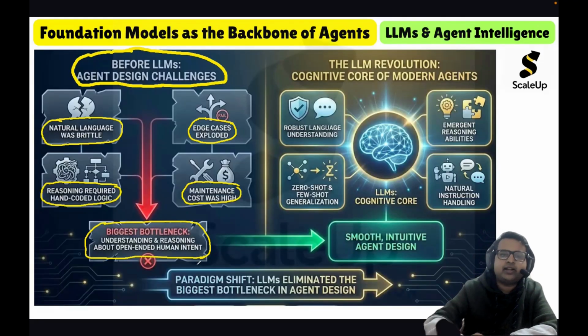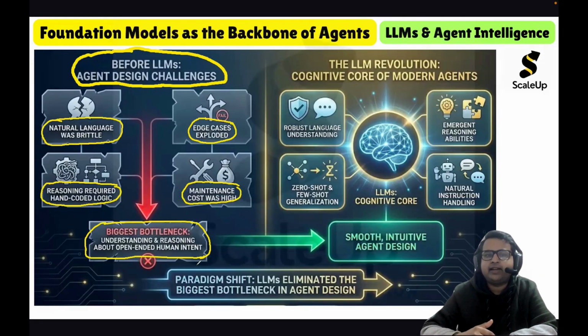So now it's very clear that before LLMs, agent design was very challenging, because natural language understanding was very difficult. It was very brittle in nature. Edge cases exploded. Reasoning required hand-coded logic. Maintenance cost was high. And the biggest bottleneck was understanding and reasoning about open-ended human intent.